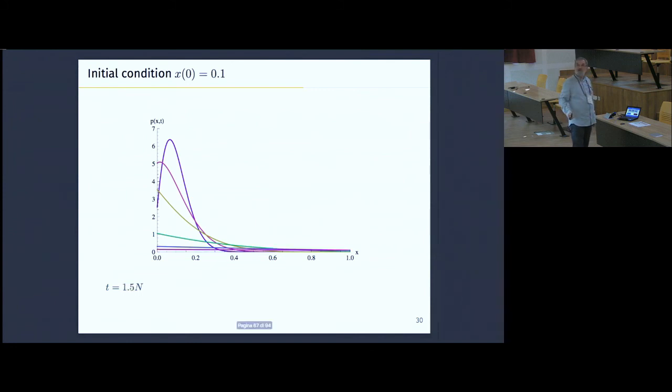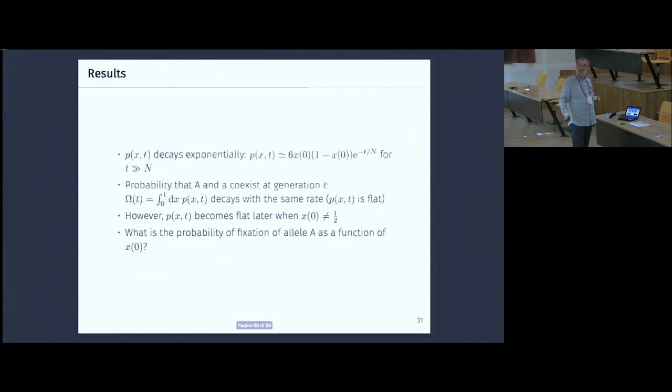What happens now? The probability that x is different from 0 and 1 decays exponentially with a time scale which is of the order of N. So this is a probability of coexistence.